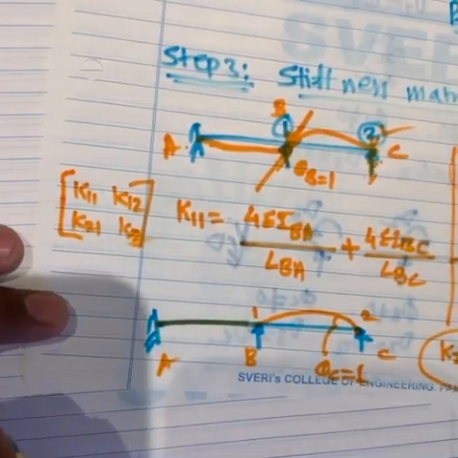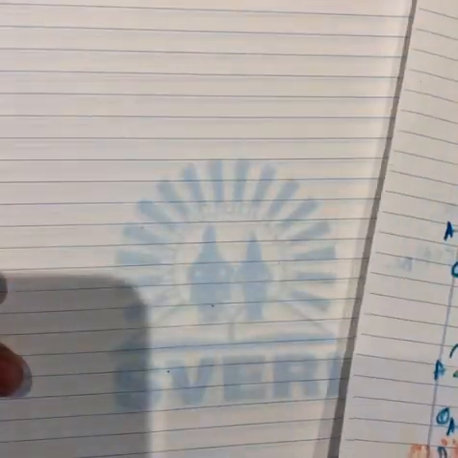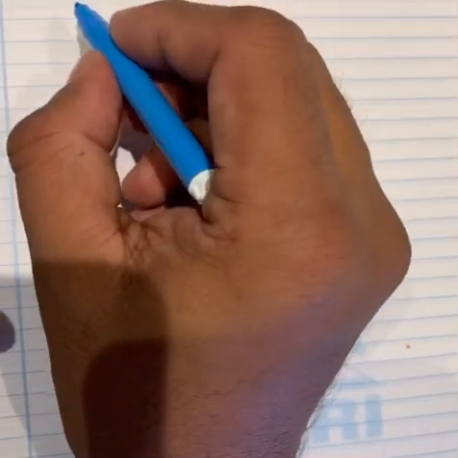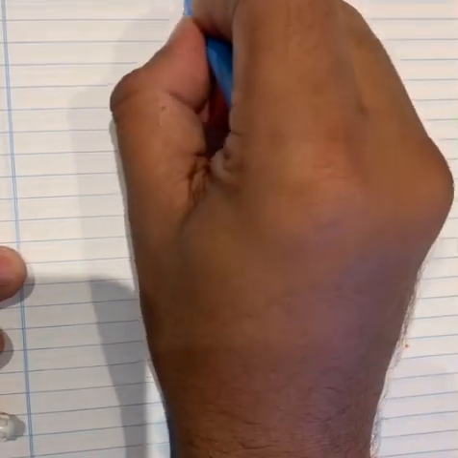Let us take one more, a little more complicated example, where we have 3 degrees of freedom.